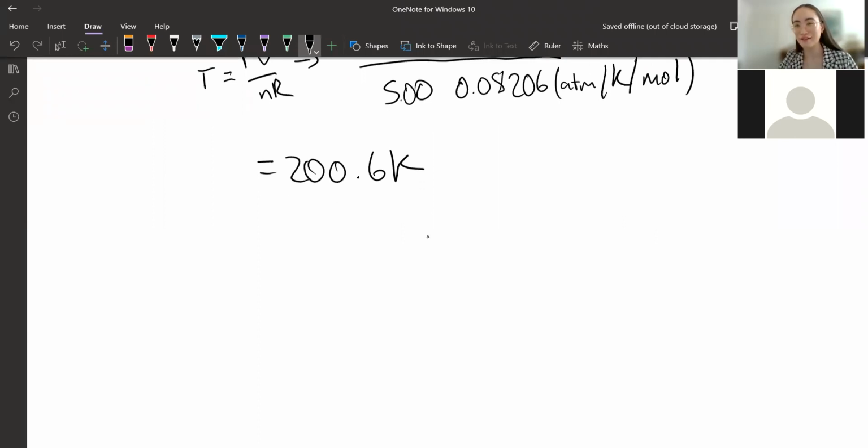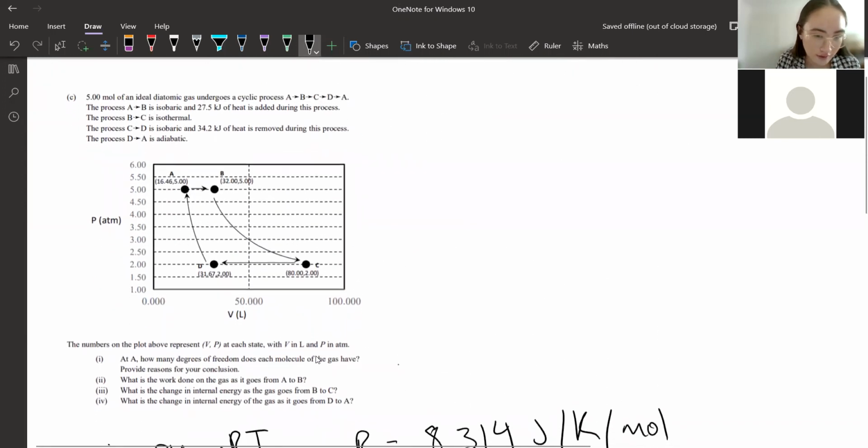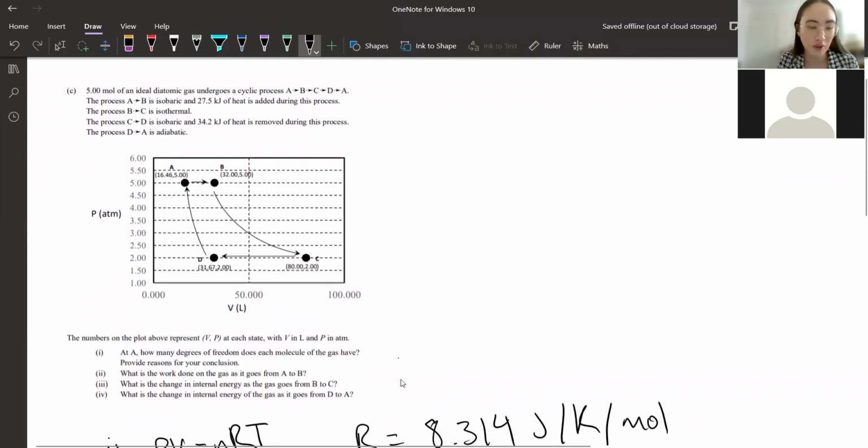Personally, I like to convert everything into SI units, and because it is an online exam, you just look up what is liters to meters cubed, etc. Anyway, so that is T at point A, and then we can do the same thing for T at point B. Do we need to? Nah, just at point A.